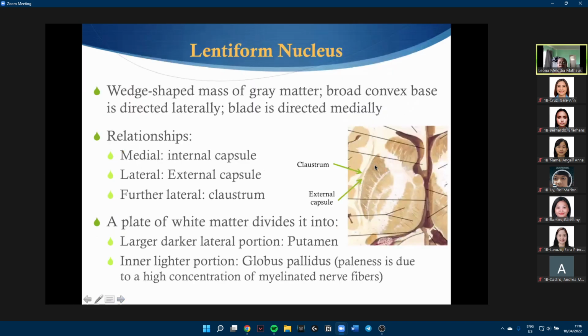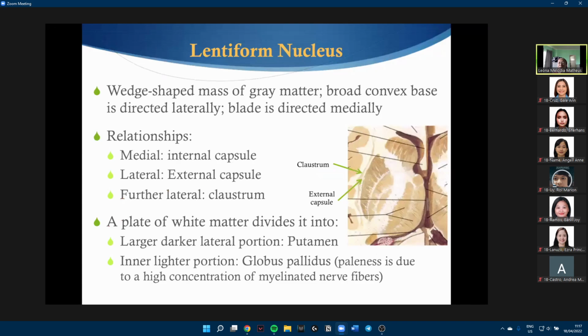So this is your lentiform nucleus. As you can see, it's wedge-shaped, where its base, this one, is pointing laterally, whereas the blade, this one, is pointing medially. Now, what are the relationships of your lentiform nucleus?